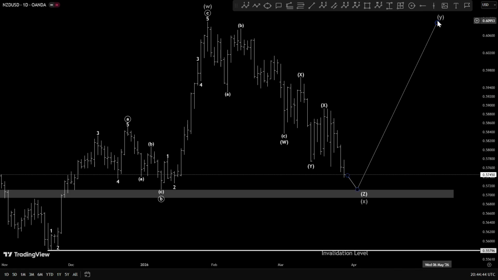That is why you need to stay updated and use other confirmation tools to confirm that yes, we are done with this wave structure. Some of the confirmation tools is what? MACD. You can use MACD as your confirmation tool.